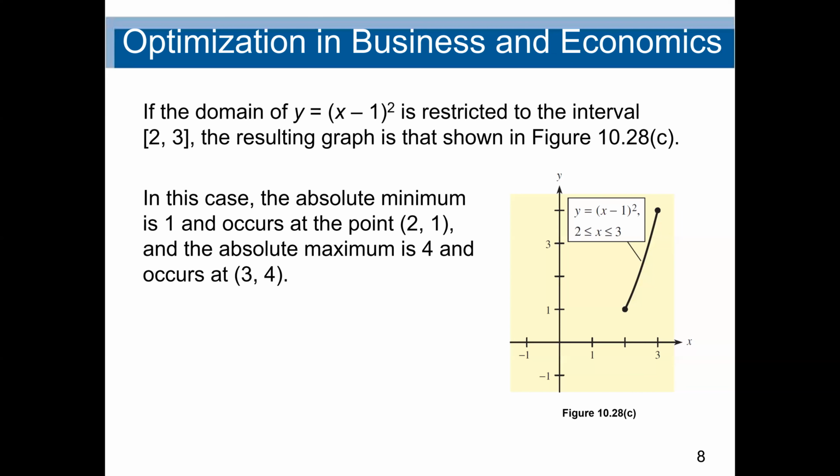So as we said earlier, if you have a function with many curves, let's say 10 curves, there's a possibility that we can get more than one relative minimum and also relative maximum. But with absolute maximum or minimum, we only get one value each, because we are not looking for where the function is increasing and decreasing. We are looking for the highest and the lowest point in the graph.